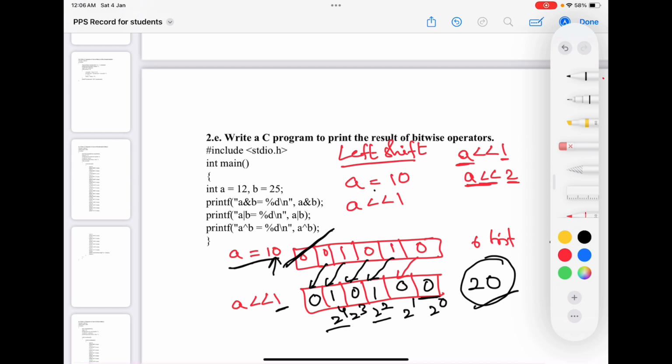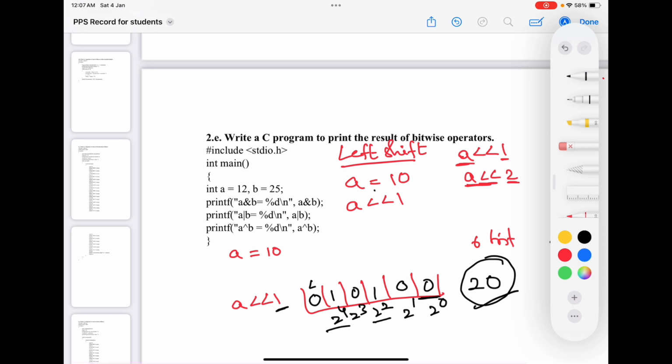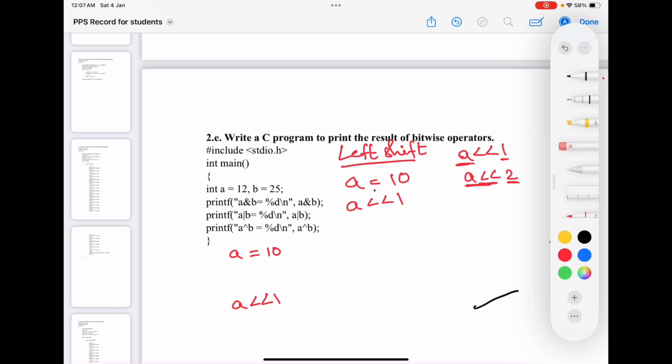Now we'll see how the right shift operation is performed. Fine. Now I just take out these things. I take the same number for the right shift operation: 1010.